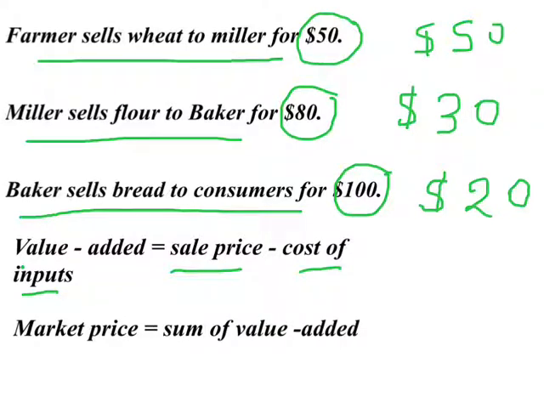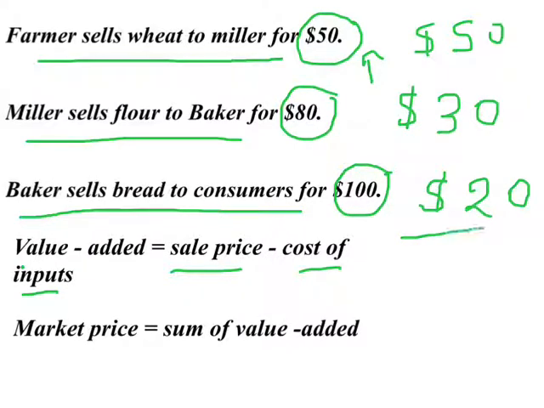For example, when the miller sells flour to the baker for $80, what is the sale price? It is $80. But what is the cost of input to the baker? It is 50. And so 80 minus 50 is the value added by the miller. What is the value added by the baker? It is $20.